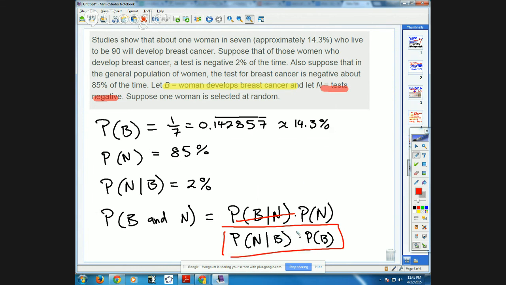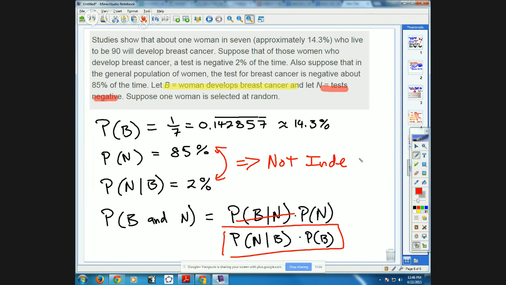So here, I don't think they're independent. Does knowing they have breast cancer change the probability of having a negative test? Well, yes, it does, because these two probabilities right here aren't equal. Since those are not equal, that implies that we do not have independence. Knowing somebody has breast cancer affects how the test comes out.